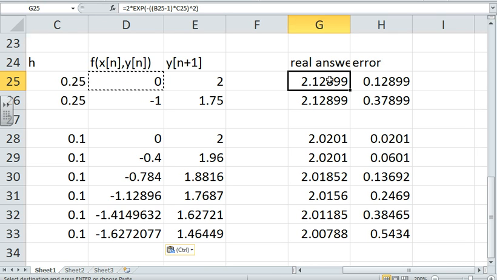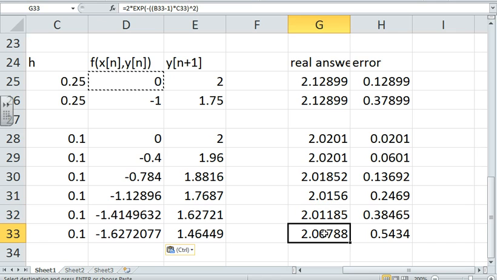2 times e to the x squared. That looks right. E to the x squared minus e to the x squared.